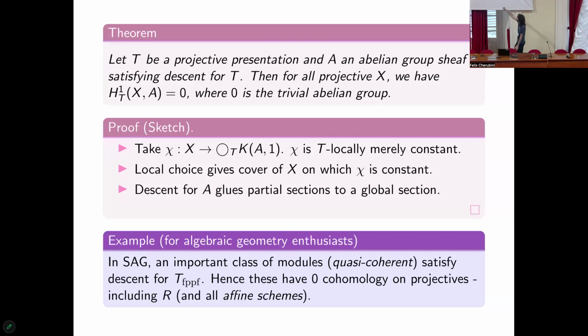This result directly applies, and so including the ring R, these all have 0 cohomology. And then there's some lovely work of David Jaz Myers, Thierry and Felix on Čech cohomology, which allows you to extend this upwards, because quasi-coherent sheaves are nice enough. So actually, these have 0 cohomology everywhere.